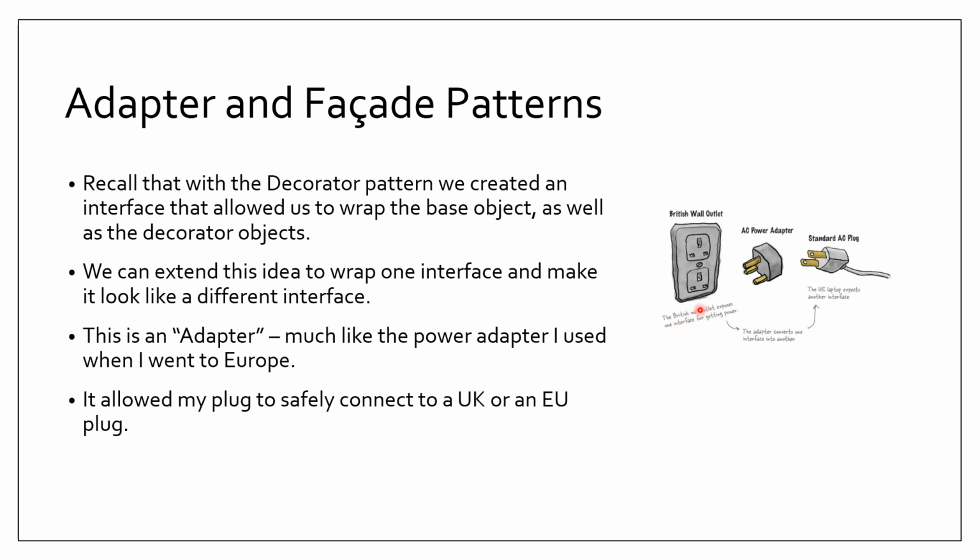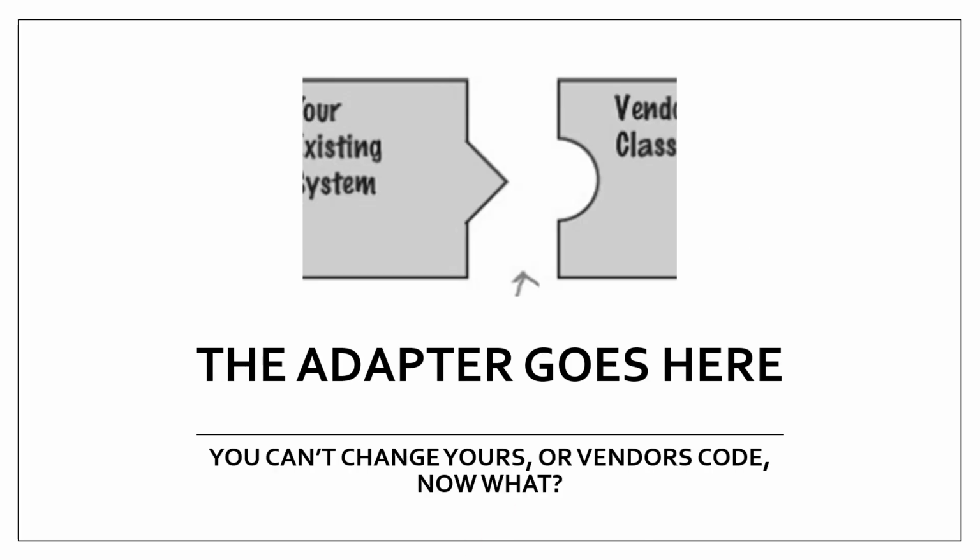When I went to Europe, I had to purchase an adapter because all my electronics were built on the North American power outlet. And so I simply purchased a multi-country adapter that allowed me to plug my plug into the adapter, which then would fit into the plug of whatever country I was visiting. That's very powerful. This is exactly what we're going to do with the adapter pattern.